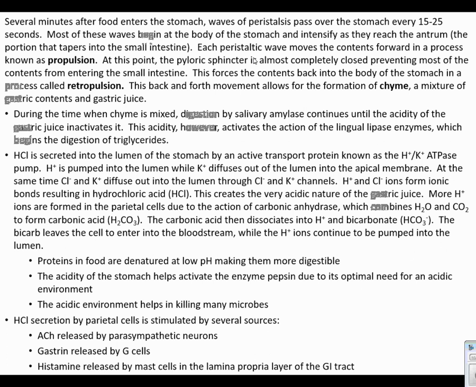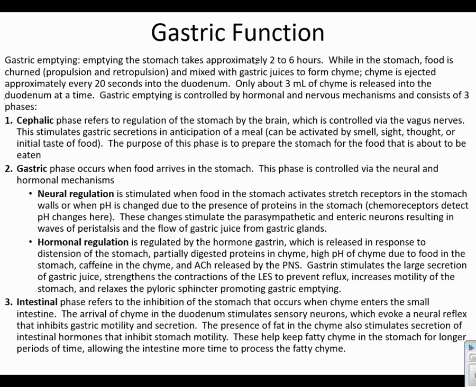So right away after food enters our stomach, within minutes, waves of peristalsis pass over the stomach every 15 to 25 seconds. What we do is start those contractions in the body of the stomach, which is the major part of the stomach, and they intensify as they reach the antrum, which is the portion that tapers into the small intestine.